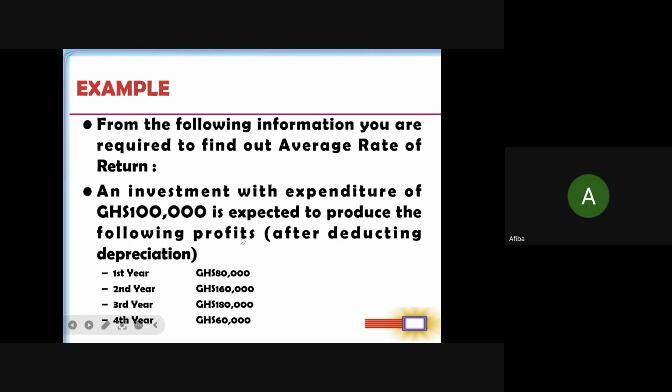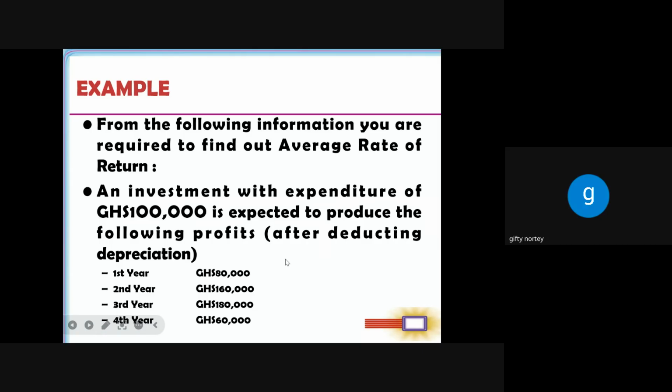So is it, sir, please, on the average for first year, second year, third year and fourth year? When you say average, what do you mean? It is the total summation of the observations divided by the number of observations. That is why we find average.